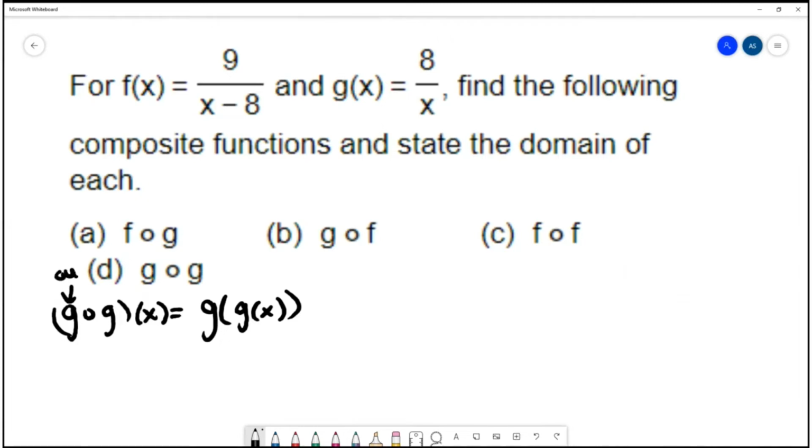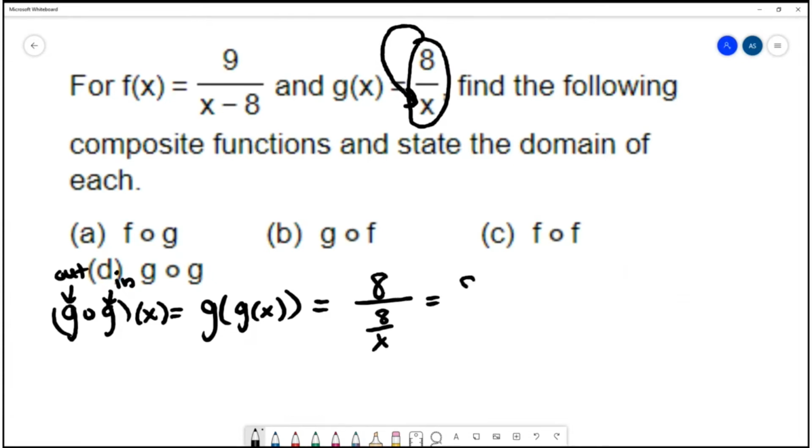G is our outside, g is our inside. So we're taking g of x and we're substituting it in for x. That will give 8 over 8 over x. This is 8 times x over 8, which is x.